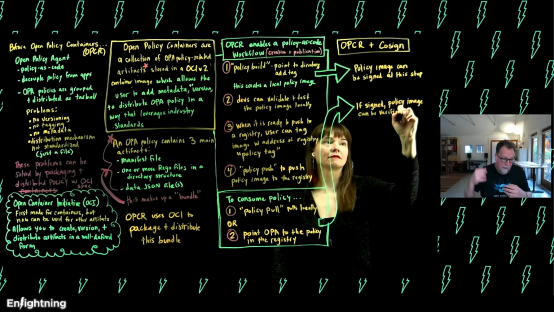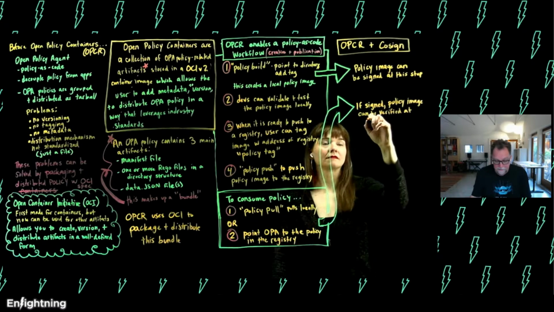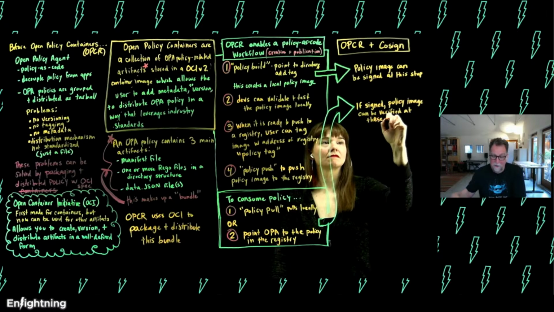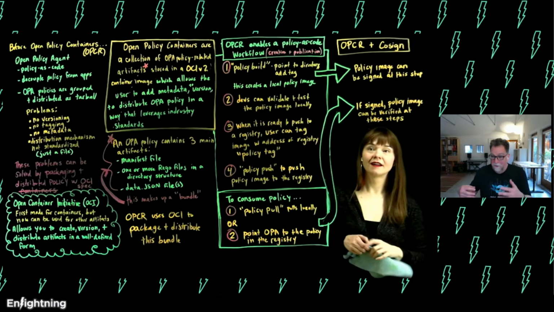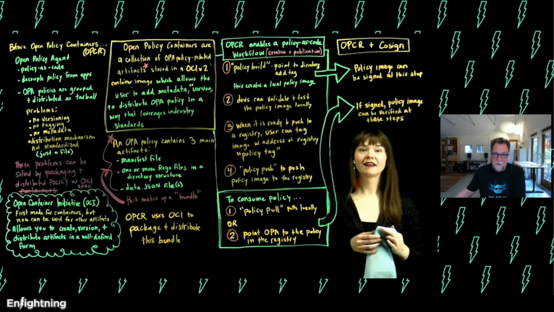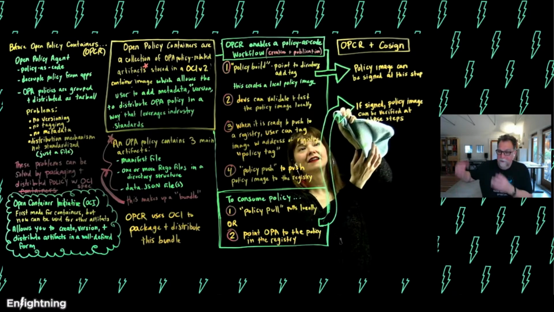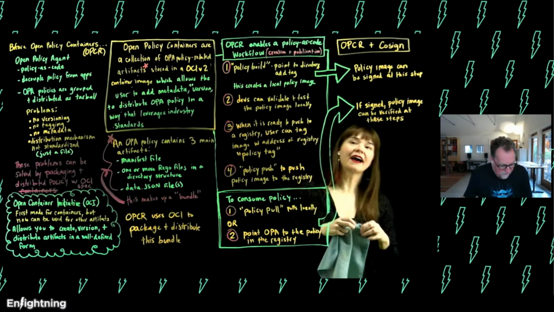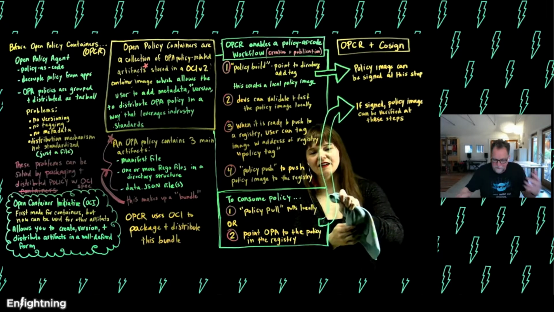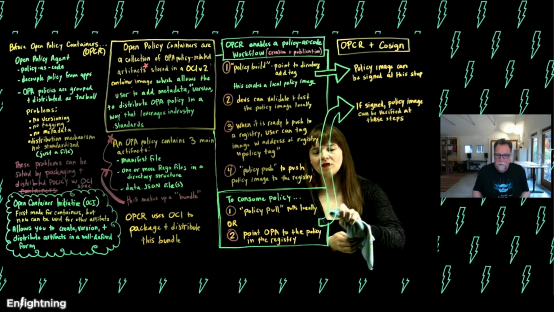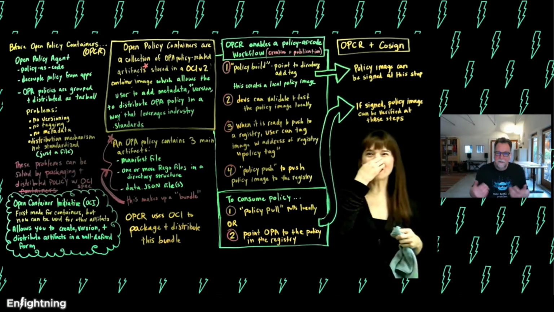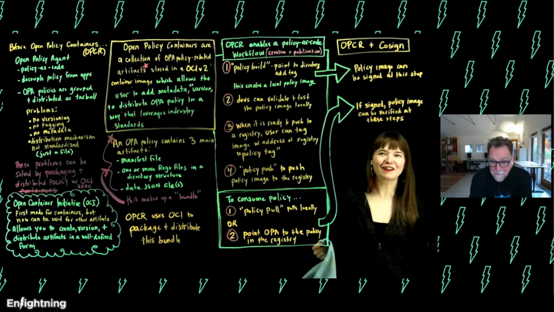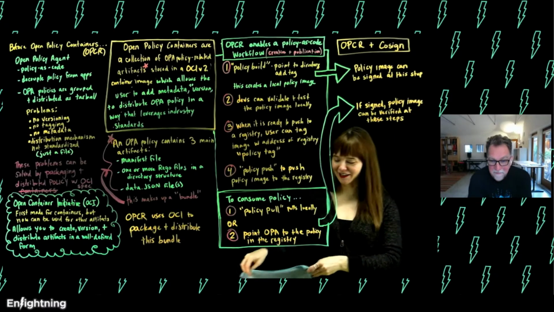In all honesty, I'd rather have the OPA community spend their cycles on the OPA engine, the decisioning engine, and not have to worry about the encryption part or the signing part of an OCI bundle. Right, that's a solved problem. Yeah, it's a solved problem. It'd be silly to do it again your own way.